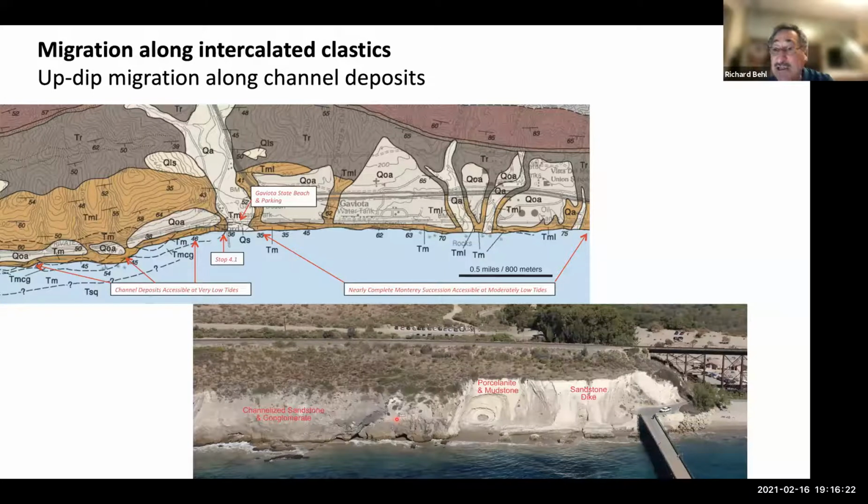And actually, we see a lot of these along the coast of California in the upper part of the Monterey, because you started getting tectonic reorganization, you started getting uplift inland, and you started shedding coarse grained sediments down into the deep water.